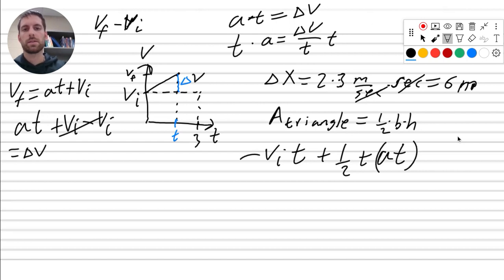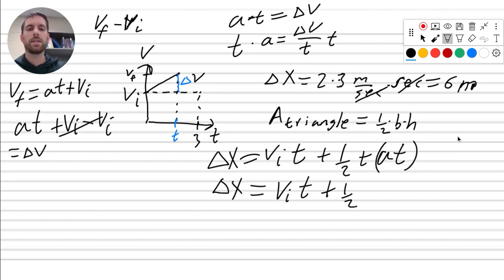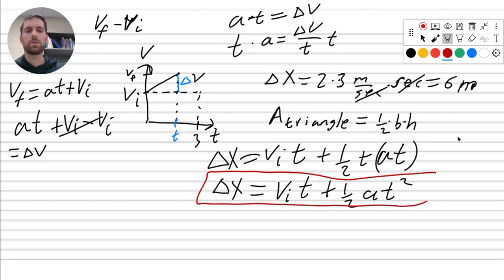And this is going to simplify, and I'm going to get my first form. Delta x equals v initial t plus one half a t squared. That's nicely going to be our first answer.